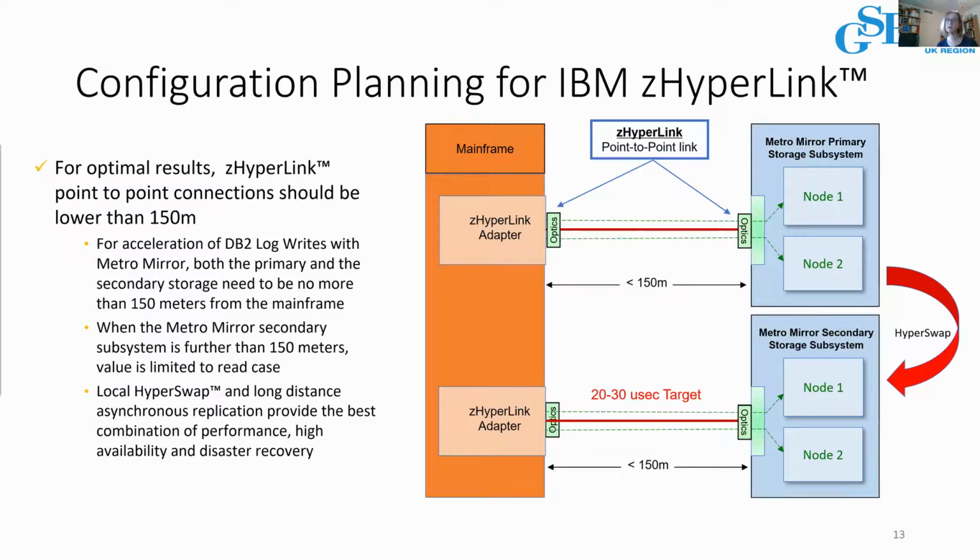So one of the things you can do is you can do the DS8910 in a rackless system, which is integrated with the z15 T02 model, have that in that compatible rack. So now you've got kind of like this mini subsystem, and you can run HyperLink with that. So you get the smallest cable you can. And I just think that's such a clever idea for having that really low latency and incredibly short distances.